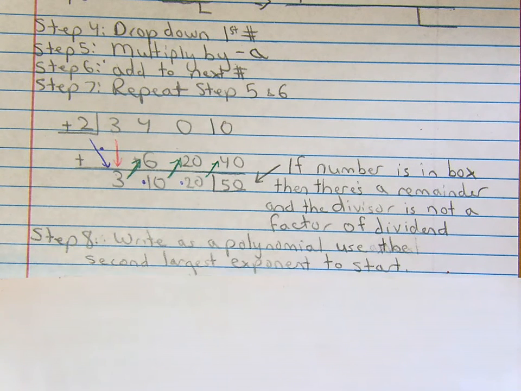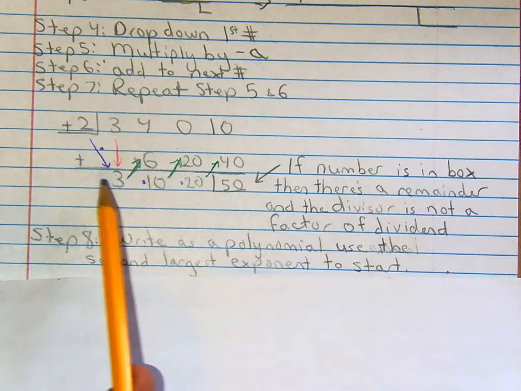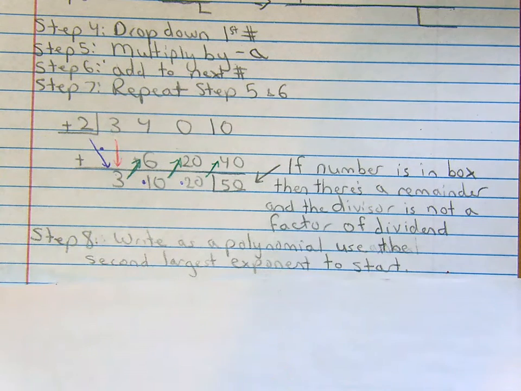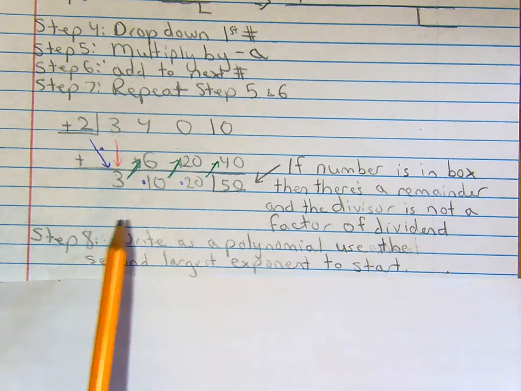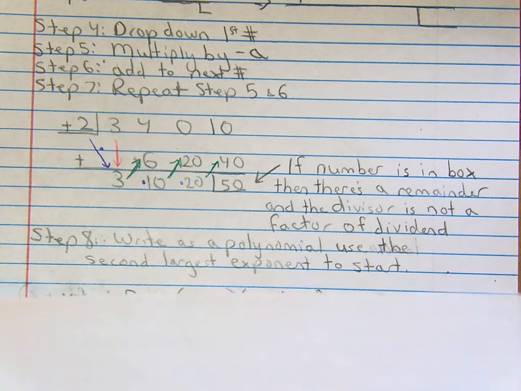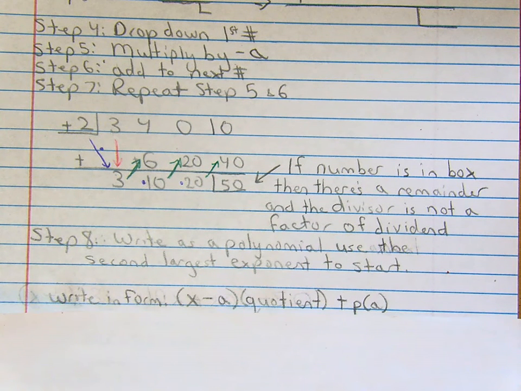Step 8 is, now that I have all my digits here, how do I write it as an actual algebraic expression? Write it as a polynomial using the second largest exponent to start. Originally the problem was an x to the third, so we're going to use the next largest, which would be x to the second.